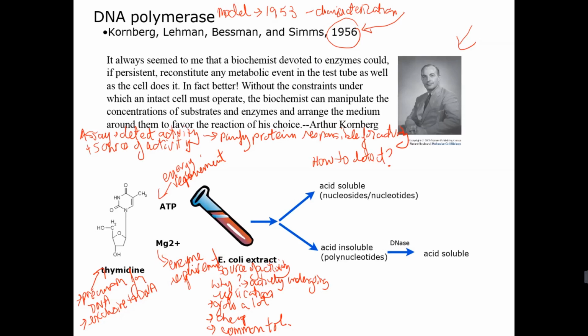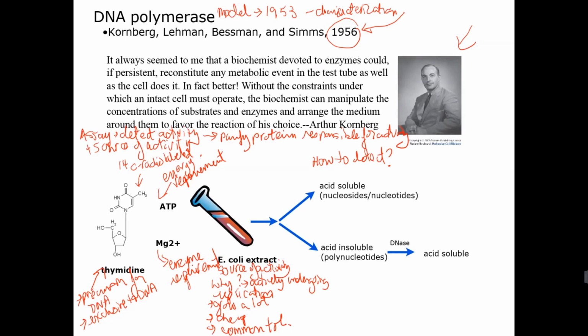So key number one thing is that they used a radio-labeled form of thymidine, and they did this on this carbon here, where they used carbon 14. So that actually allowed them to follow the synthesis of the DNA polymer by counting radioactivity.